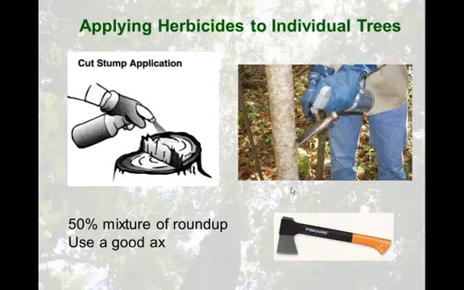But you can go through with a crop tree release, and you can do a lot of management alteration with this hack and squirt, and you don't have to worry about it going off site. Now, the only thing you do have to worry about is there are a couple of species like yellow poplar that are very susceptible to root grafting.